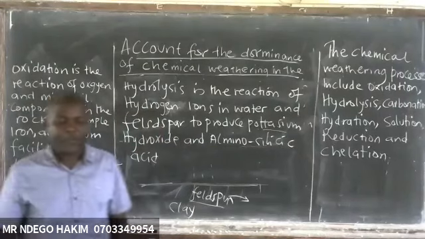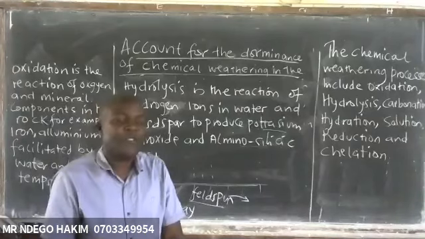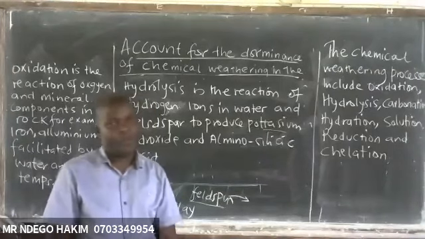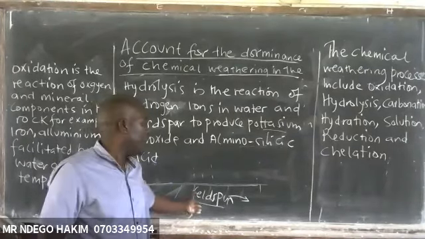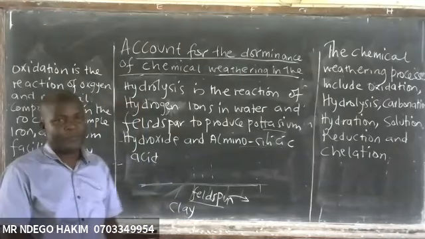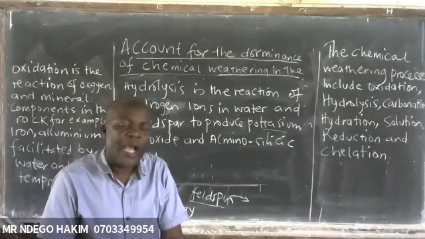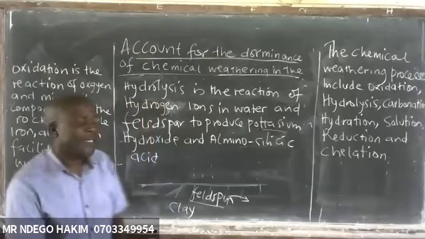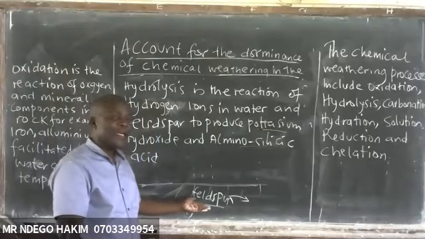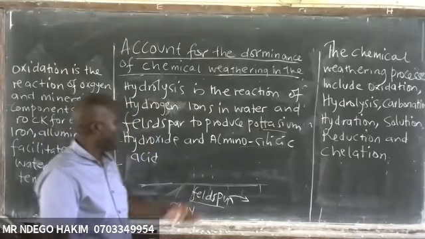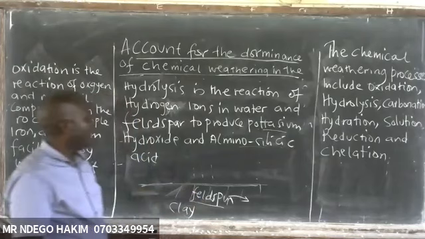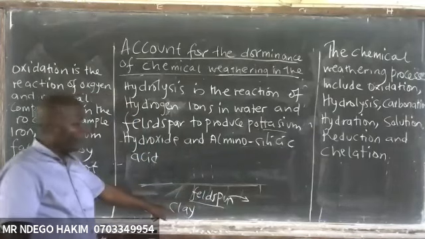So in short, hydrolysis is the process through which feldspar breaks down to produce clay minerals. The hydrogen ions in water get in contact with a certain mineral in the rock known as feldspar, which is going to break down to form clay minerals.